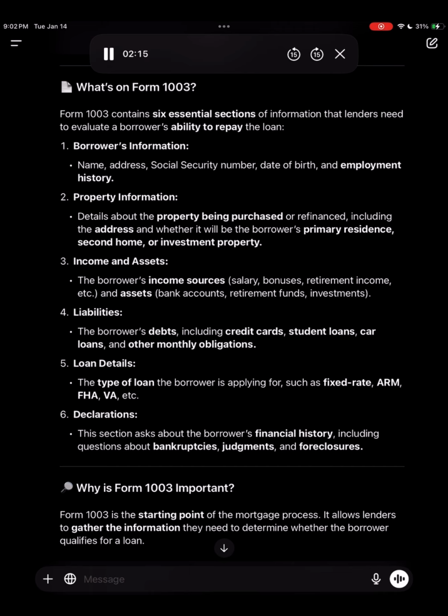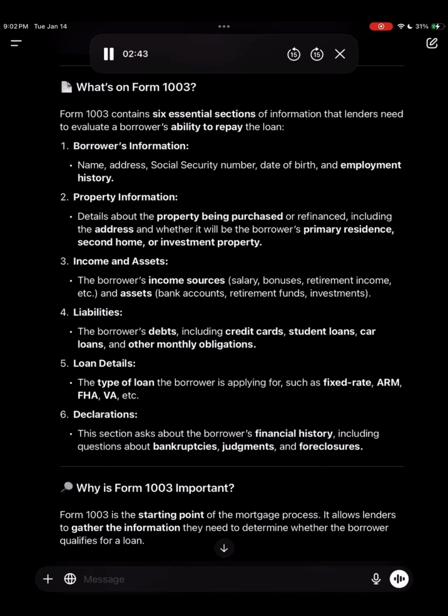Liabilities: the borrower's debts, including credit cards, student loans, car loans, and other monthly obligations. 5. Loan details: the type of loan the borrower is applying for, such as fixed rate, ARM, FHA, VA, etc. 6. Declarations: this section asks about the borrower's financial history, including questions about bankruptcies, judgments, and foreclosures.